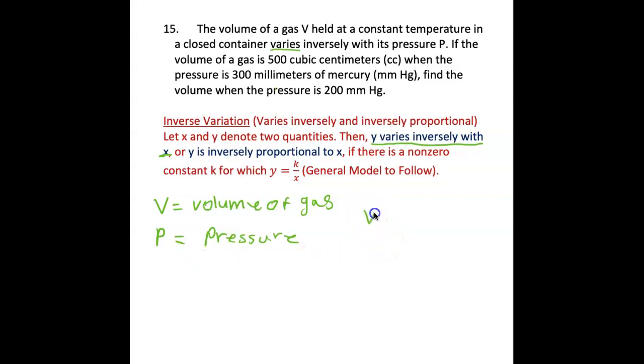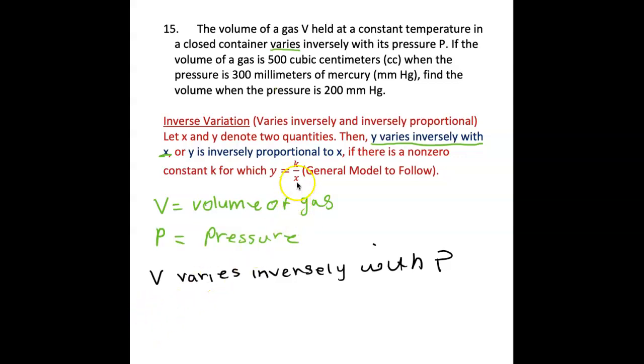So I know that V varies inversely with P. Once we have labeled our variables and know the type of variation, we construct our model, which will help us answer any question in the example.